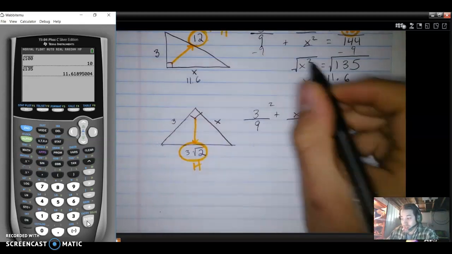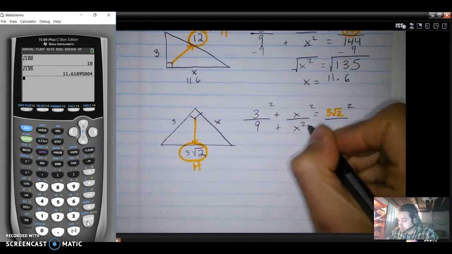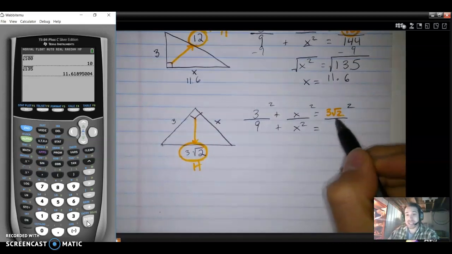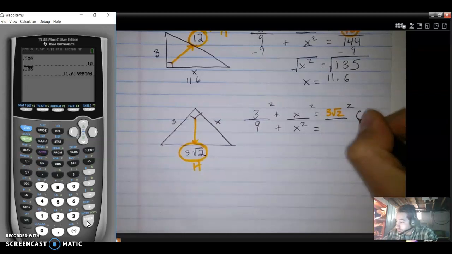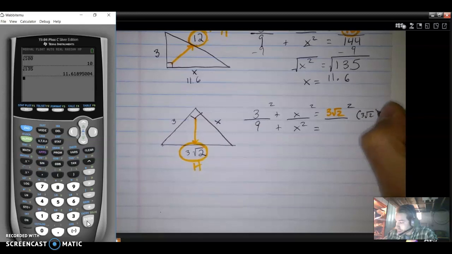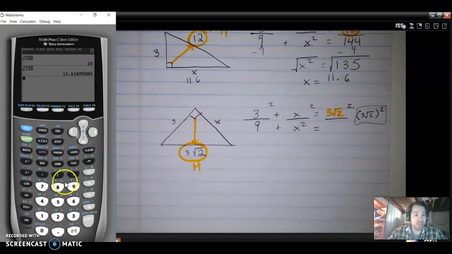Now this side's really easy. 3 squared is 9, very similar to the top, plus x squared is equal to, now this is more difficult. To do this in the calculator, make sure you put it in parentheses as squared. I'm going to show you how to do that now. 3, second, square root of 2. Notice here I'm going to the right to get out of it. I don't want to exit the square root, you just hit the little right arrow. And I'm going to close my bracket.